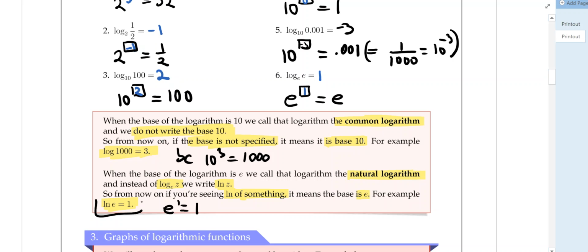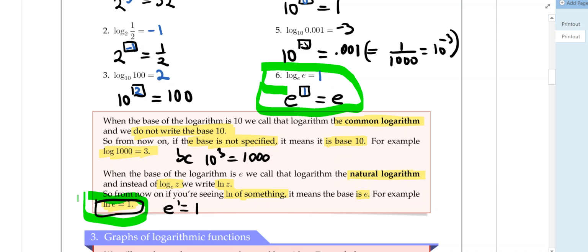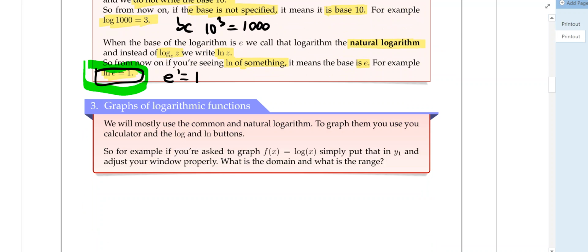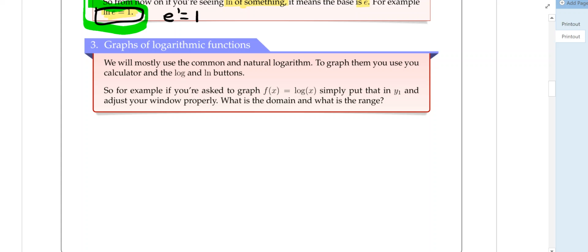So notice that this is the same as this right here. Okay? All right, so if we wanted to graph logarithmic functions, we're basically just going to put it in the calculator.